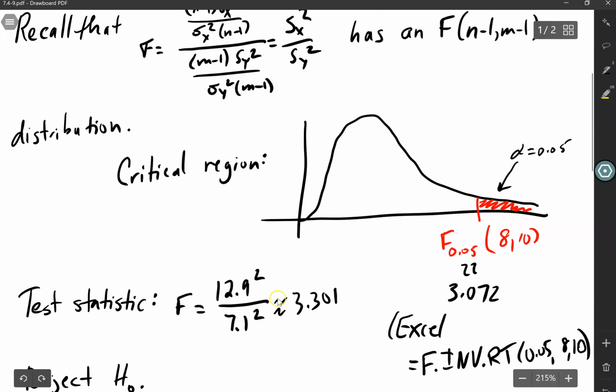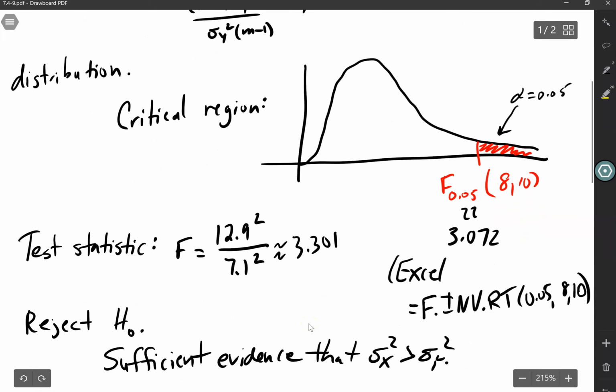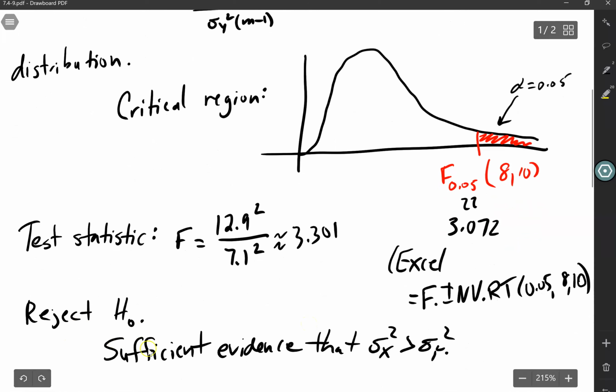So I have to square both of those to actually get the variances. We do that and we get 3.301. That value is going to lie in our critical region because it's greater than the 3.072. So what that tells us is that we're going to reject H naught, and we have sufficient evidence that the variance for X is actually greater than the variance for Y.